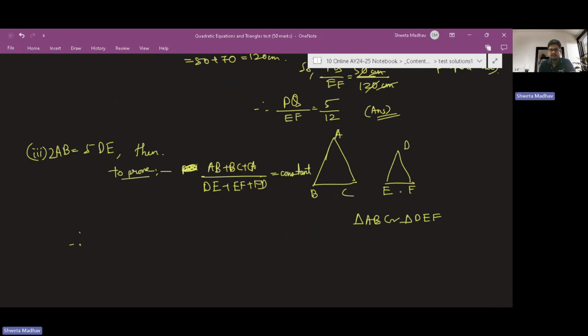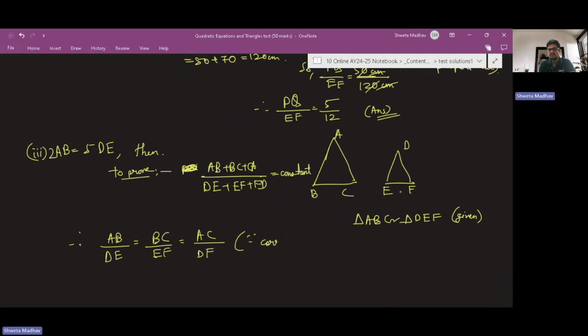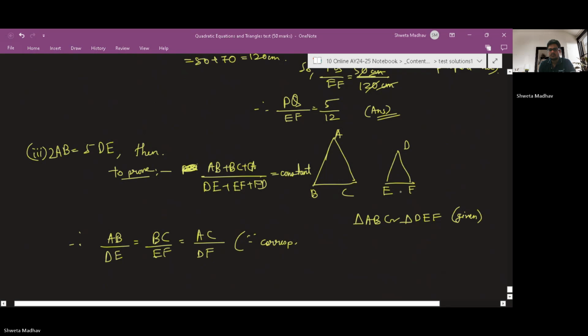So now consider, since triangle ABC is similar to triangle DEF, which is given, I can say AB by DE is equal to BC by EF, which is equal to AC by DF, since corresponding sides of similar triangles are proportional.